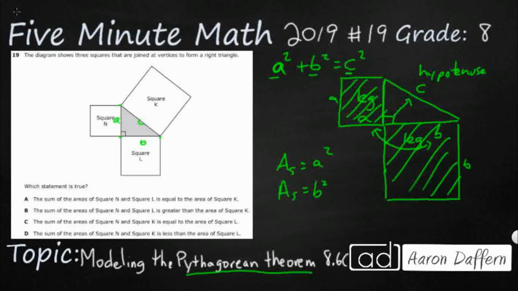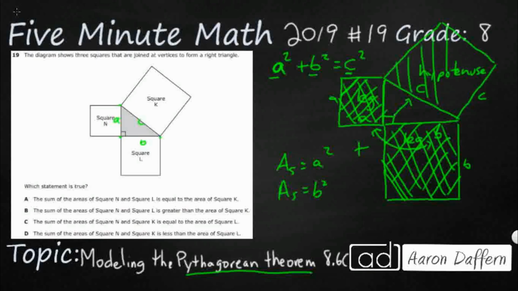What the Pythagorean theorem says is that if you take this area right here and add it to this area right here, the a squared plus b squared, the 2 areas, you will actually get the exact area of this right here, the c squared. And it doesn't matter the size of the right triangle.